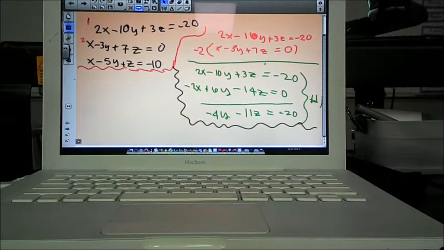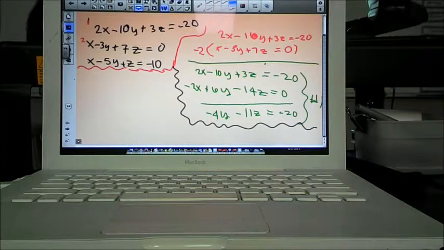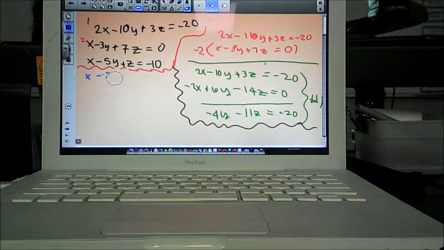Now we're going to change to blue as to not get confused. So x minus 3y plus 7z equals 0.